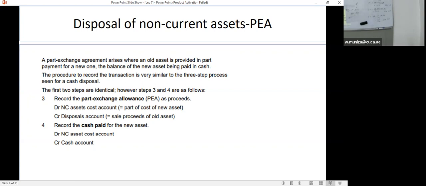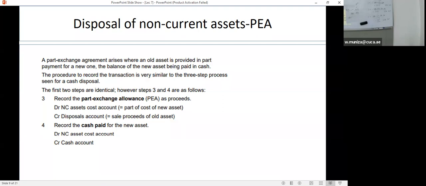So whenever we are exchanging our existing asset with the new asset, this is known as part exchange allowance. Whenever this case is there, first 3 accounting entries are going to be passed, which we have discussed earlier. What were those? Debit disposal account, credit non-current asset account, then debit accumulated depreciation account, credit disposal account. Third one is debit cash account, credit disposal account.